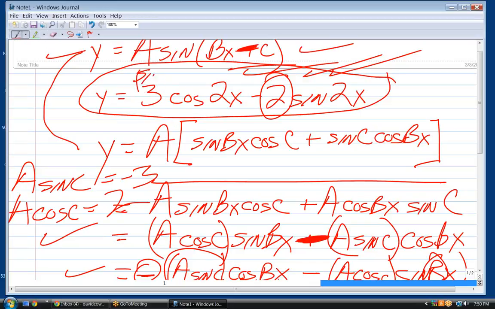In other words, if that was the sine of C and if this was the cosine of C, we would be there almost. What to do with the 3 and the 2?